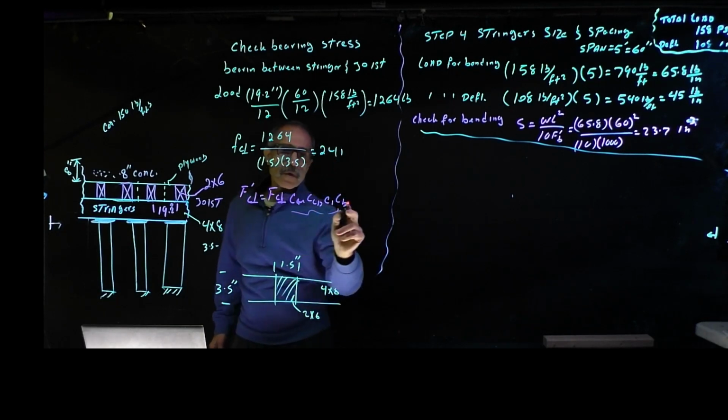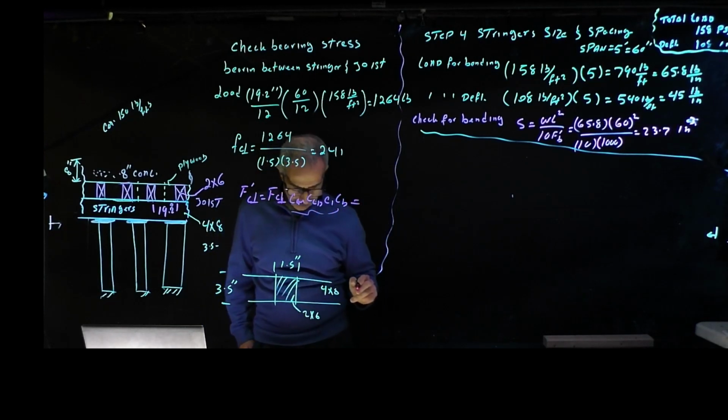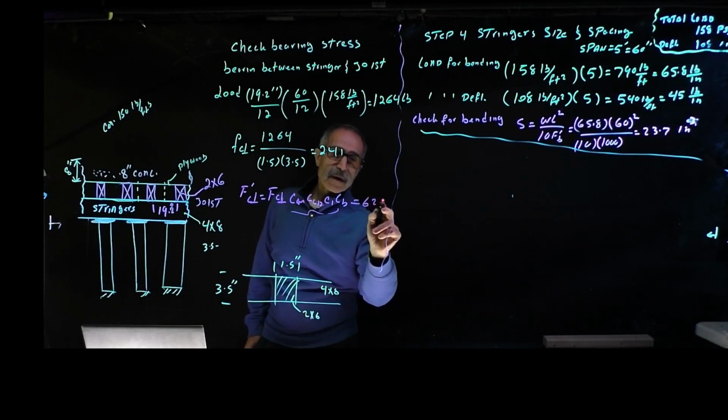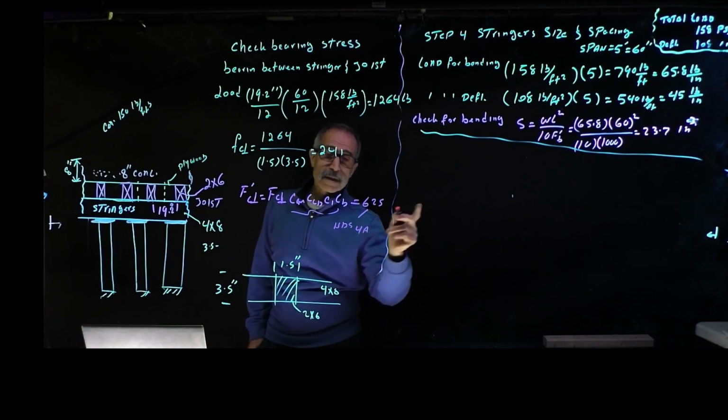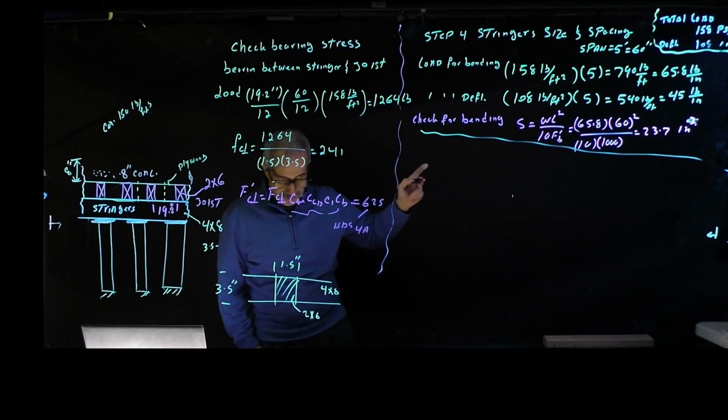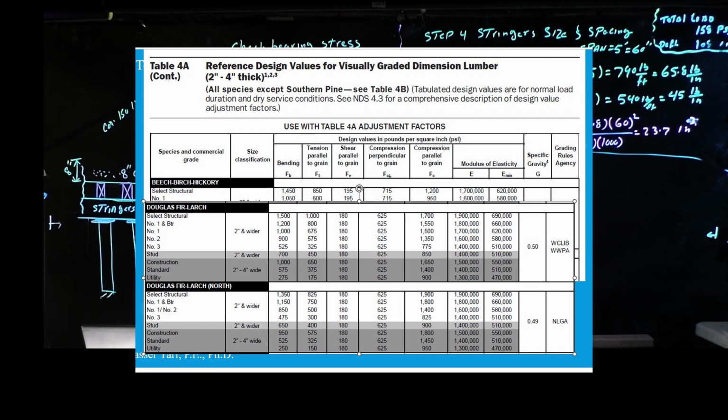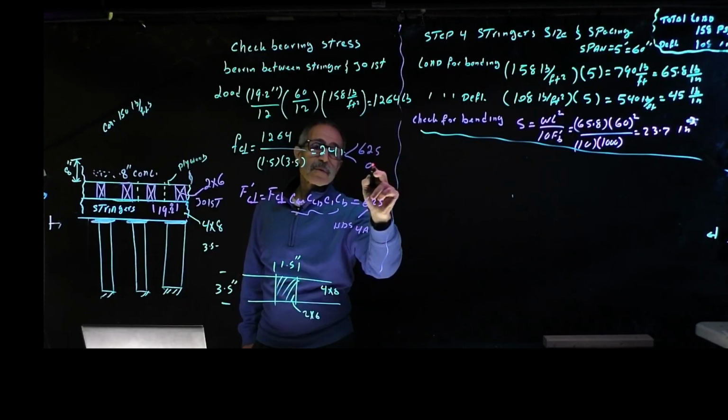It comes out to 625 from NDS, or ACI, which you see on the table right there. This number, 241, is less than 625, so we're okay.